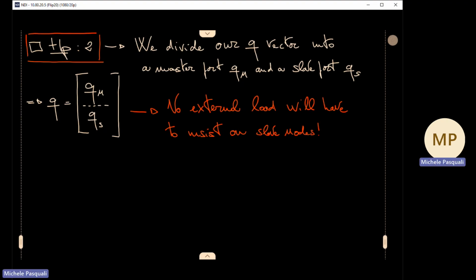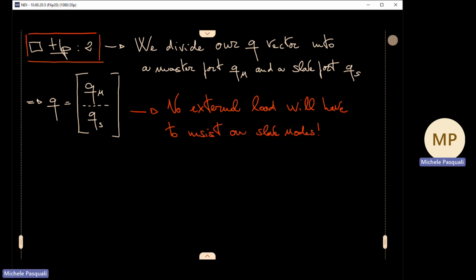Okay, so of course, as you can already imagine, the slave nodes are those that we will collapse, we will condense over the master. So the slaves are all those nodes that we would like to get rid of. But when we choose the slave coordinates, we have to keep in mind that we cannot approximate nodes or parts of our system in which there are actual external loads acting on them.